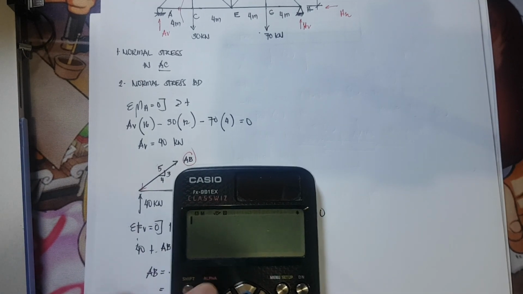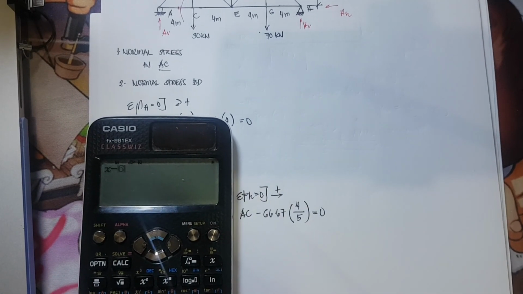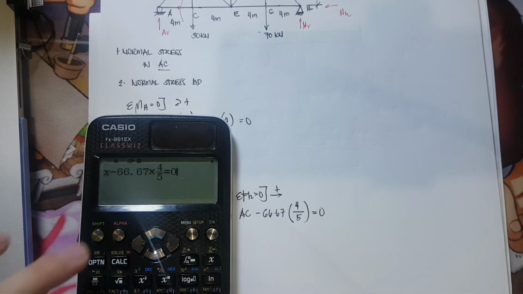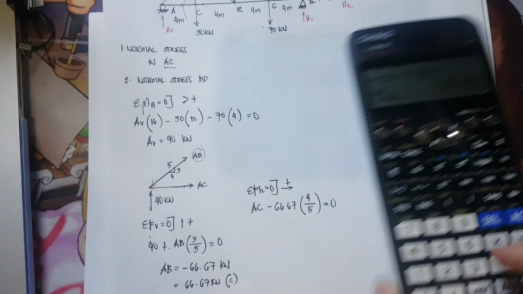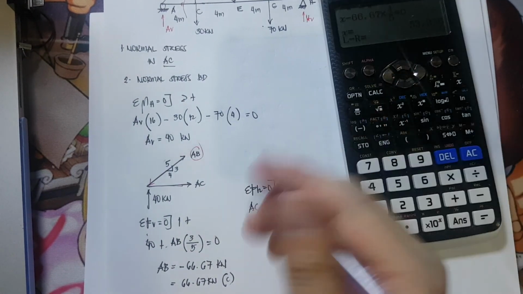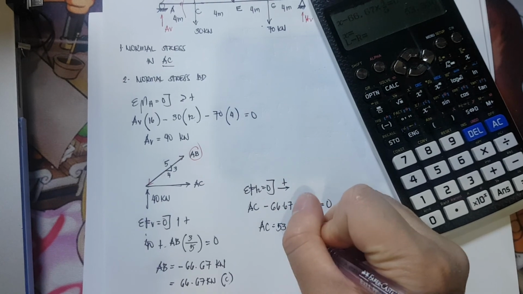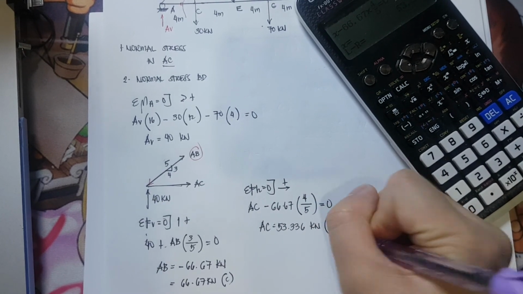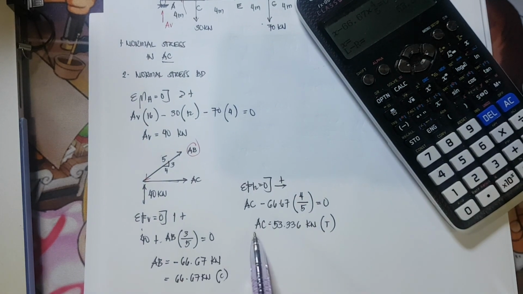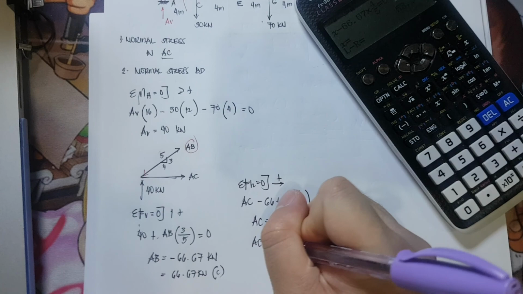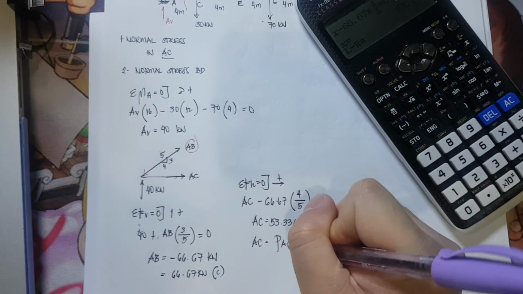So AC is equivalent to 53.336 kilonewton, and it is in tension. So AC is equivalent to PAC.